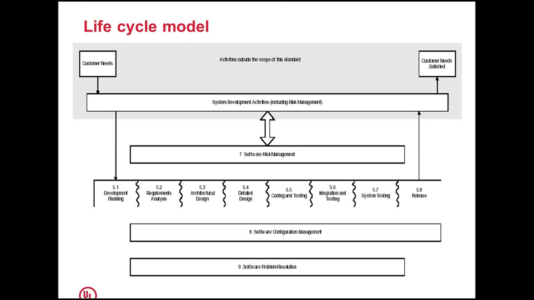The process here is described clearly: system development activities, which include risk management and also a clearly defined methodology of planning, analysis, design, testing, and release. That is how the development is to take place for a software.